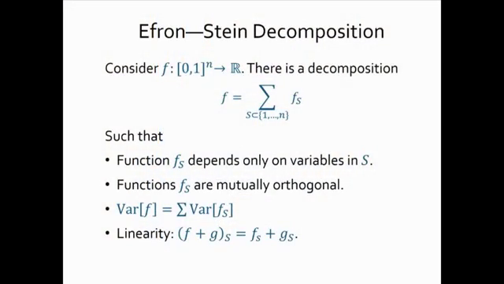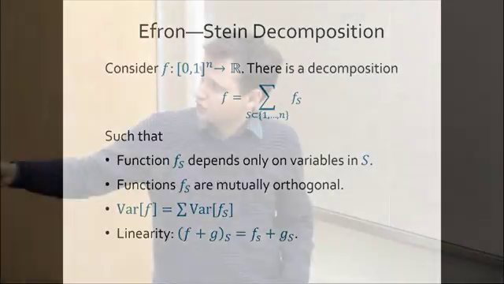Now, the Efron-Stein decomposition has very similar properties. Let's assume that f is a function from the cube, the segment [0,1] to the power of n, to real numbers. The Efron-Stein decomposition is a representation of f in the form like this. Actually, we can write the Efron-Stein decomposition for a function defined on any probability space.